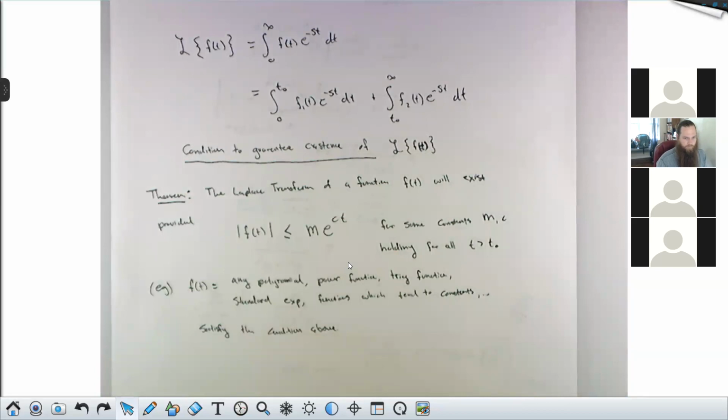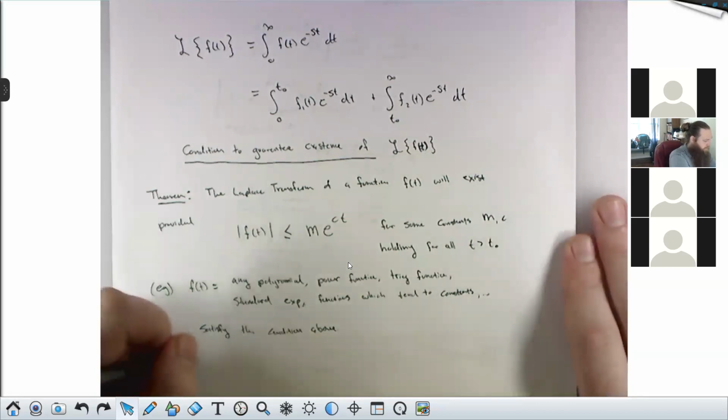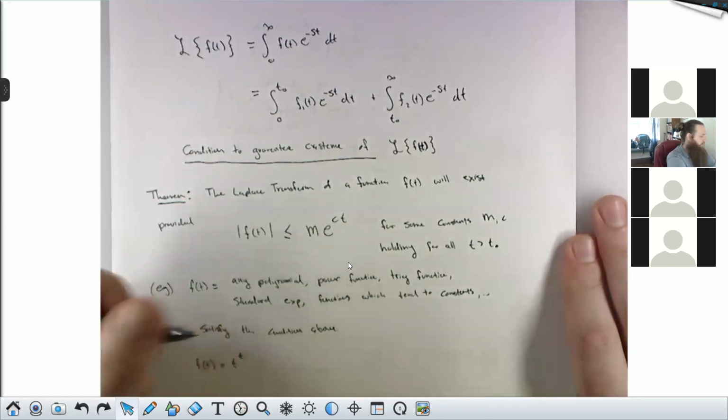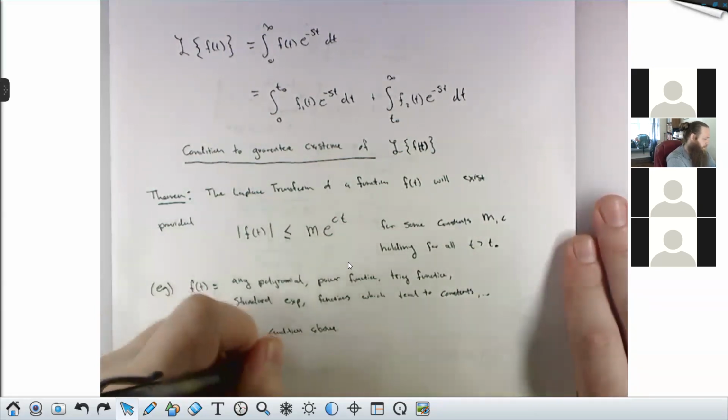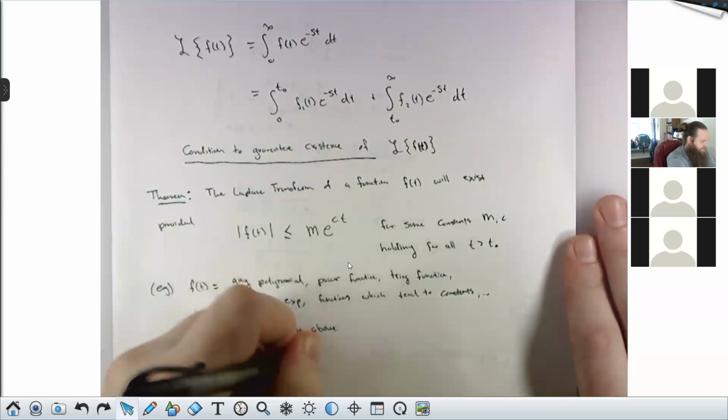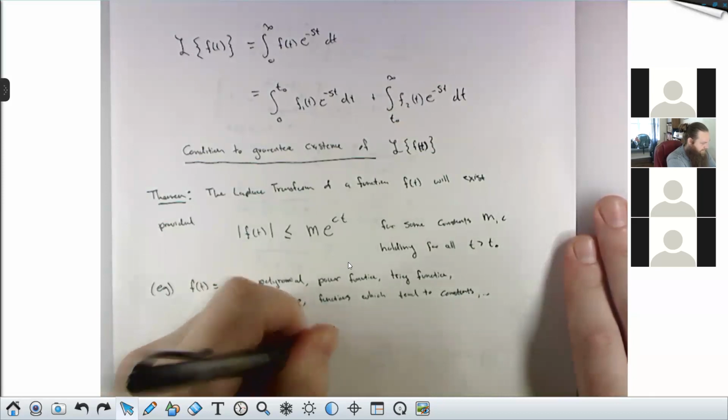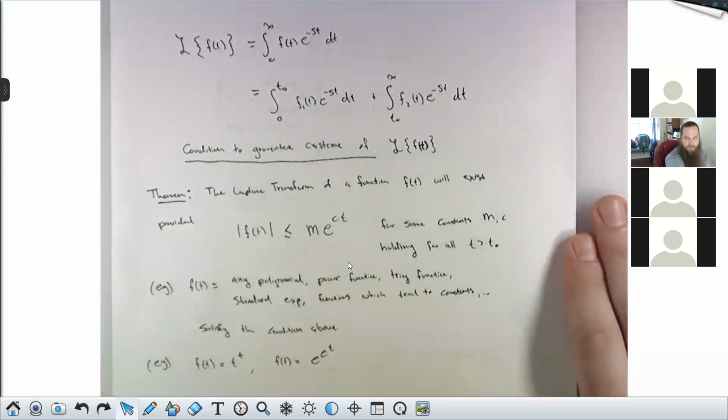It's a growth condition. Functions that don't satisfy this: f of t equals t to the t. F of t equals, how about e to the t squared? Kind of in the spirit of something we saw recently elsewhere.